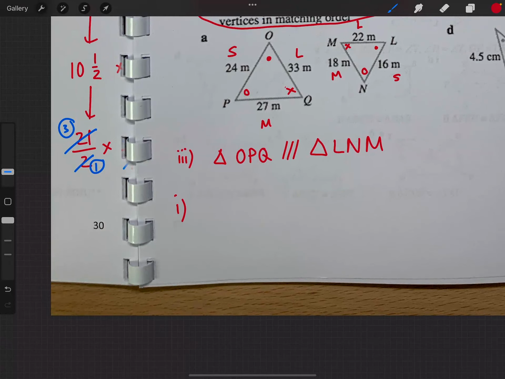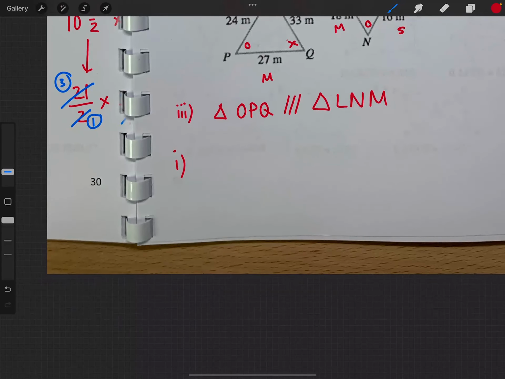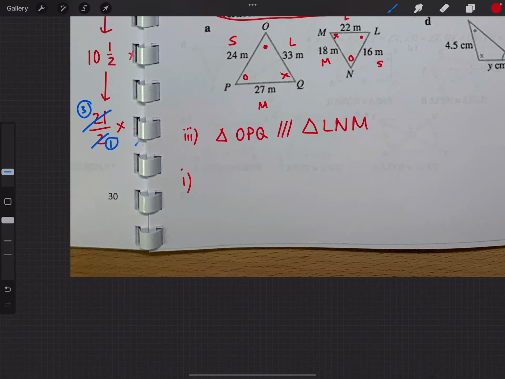So part 1 says state the scale factor. I can do that later. Show all pairs of matching sides. Okay, no problem. I can say, for example, OP is going to match LN.